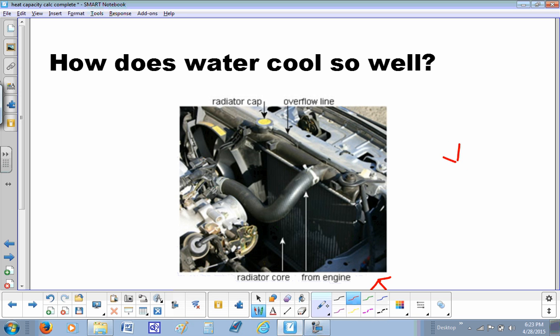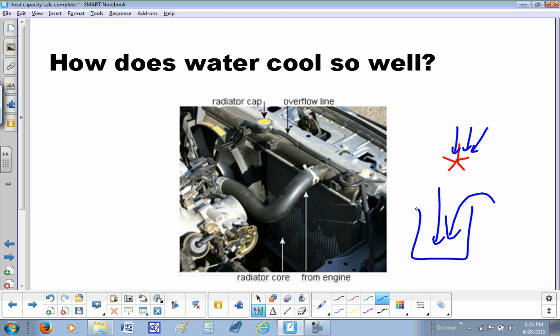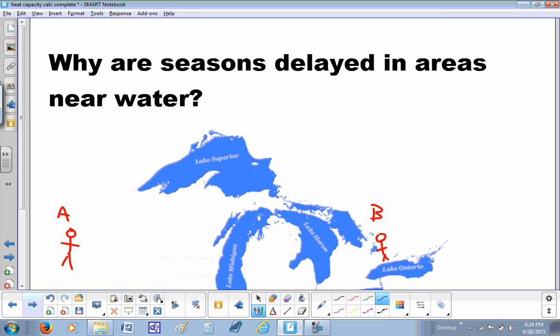It got really, really hot, and when it did, we put this in water, and the water very quickly absorbed all of the energy from the spoke, and the spoke cooled off very quickly. So it's great. It has a high heat capacity, lots of opportunity to absorb energy. Remember, it's like a container. Lots of room in this container to absorb energy.